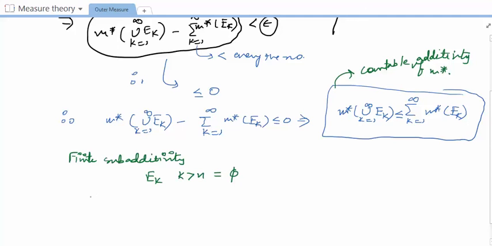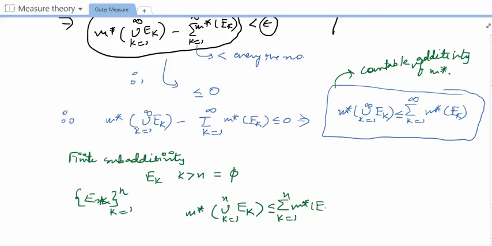Then you have this property true for ek where k is from 1 to n. So we have that m star of the union over k from 1 to n of ek is less than or equal to the summation over k from 1 to n of m star of ek. This is called the finite subadditivity property of m star.